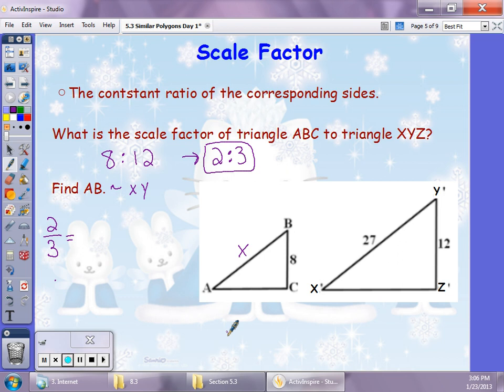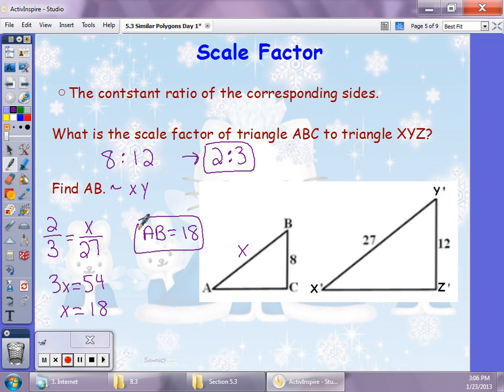Since AB is in the smaller triangle, I'm going to put the x up here. And since 3 corresponds to the larger triangle, and AB corresponds to XY, we can put 27 down here. Now if we solve our proportion, 3x equals 54, we can see that the side length of AB, which we called x, is 18. So AB has a length of 18.